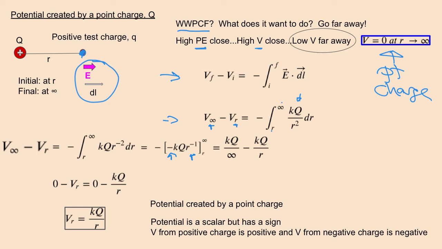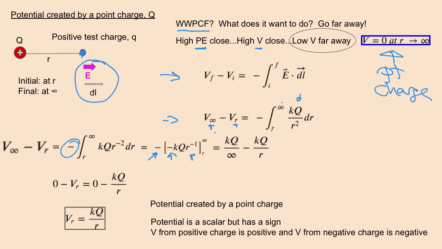Remember that negative is that one. It's like fun with negatives. And this, of course, is evaluated with the initial point R and final point infinity, so it's evaluating at the final minus evaluating at the initial.